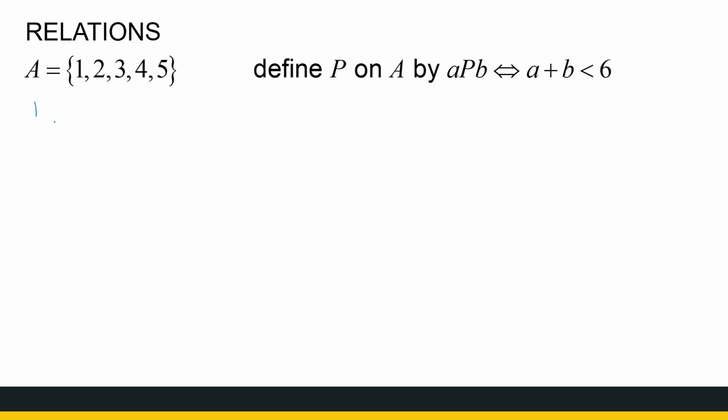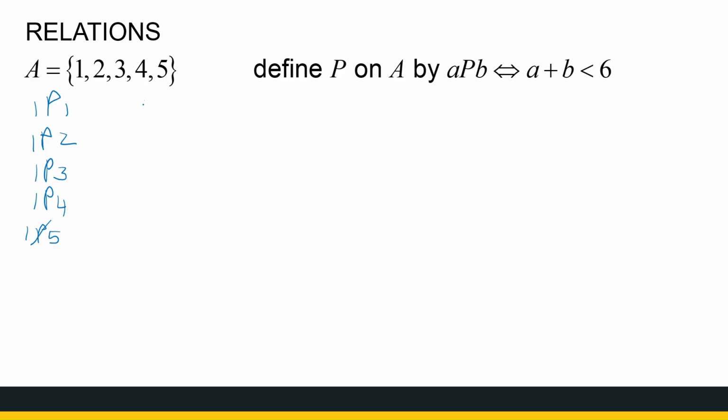So let's look at, I've got 1 P B. Okay, 1 plus B must be less than 6. Well, I know 1 plus 1 is less than 6. 1 plus 2 is less than 6. 1 plus 3 is less than 6. 1 plus 4 is less than 6. 1 plus 5 is not less than 6. So that's not true. 1 P 5 is not true.